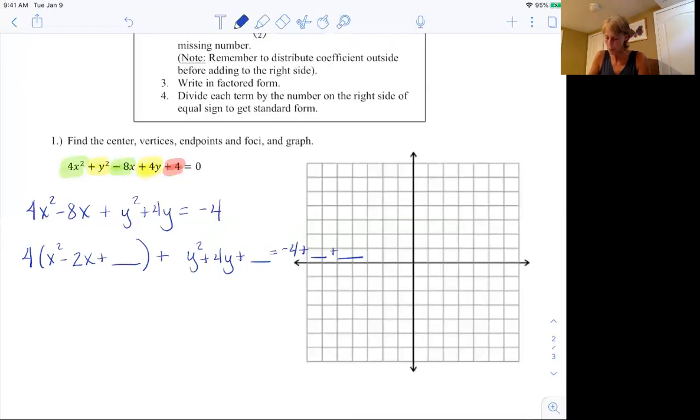We need a number. So I have -2 over 2 squared. That's going to be 1 squared, which is 1. Whatever I do to one side, I have to do to the other. In this case, though, I have to remember to multiply it by this number out front here before I add it to the other side.